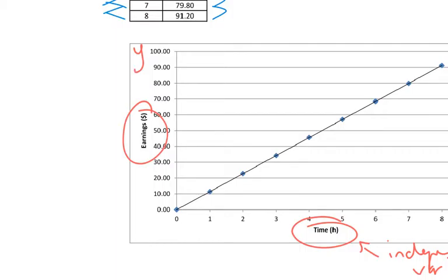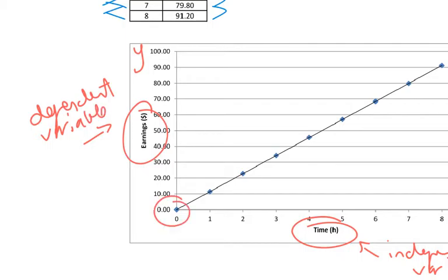The dependent variable is always located on the y-axis. So I'm going to label that dependent variable. And over here, you have what we call the initial value. And it is pretty obvious that the initial value is 0.